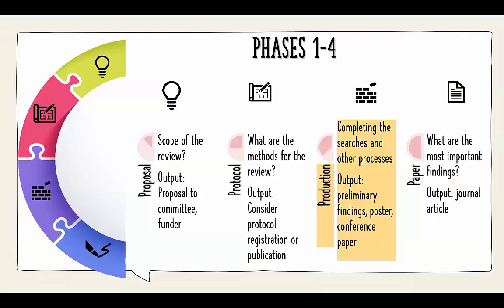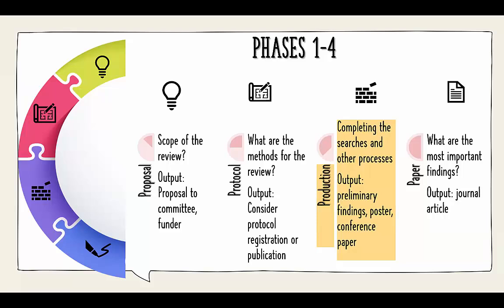So this is just a little reminder of the phases of the PIECES cycle and kind of where we're at. So the first 4 phases of the PIECES cycle is really meant to build up to the paper, with the last 4 phases to talk about what do you do afterwards. And so we talked about in the beginning, the proposal, what's the scope of the review?